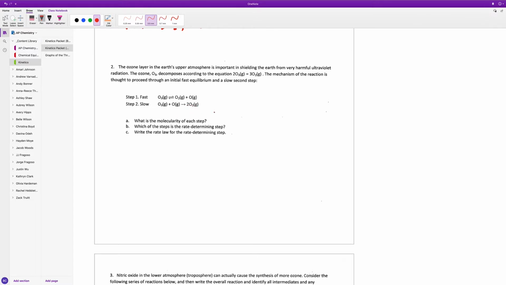So what's the molecularity of each step? I just mentioned the first step. Okay, first step, step 1, is unimolecular. And step 2, it's just simply counting up how many molecules we've got. Step 2 is bimolecular.